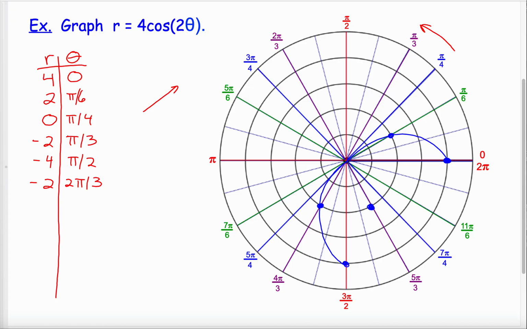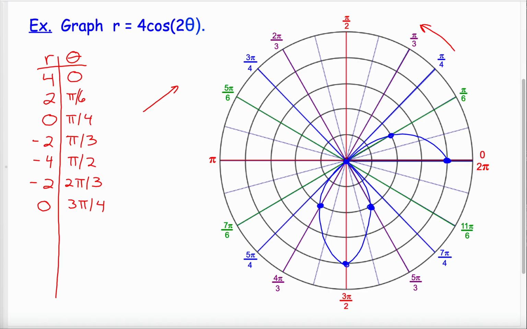Notice my r's are getting less negative. Then at 3 pi over 4, when I double that, I get 3 pi over 2. Cosine of that is 0 times 4 is 0. So by the time I get to 3 pi over 4, I'm back at 0 again. So notice my points on my graph are going back in that direction. And there's one of my complete leaves for my roses.